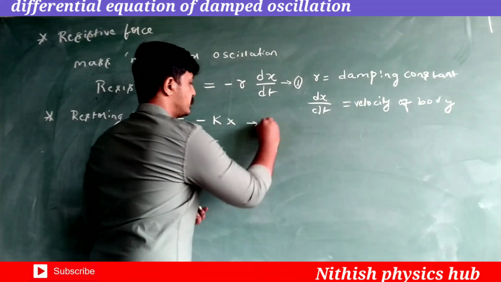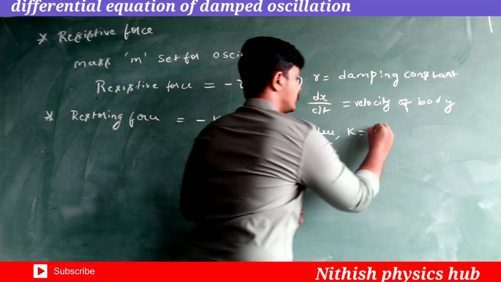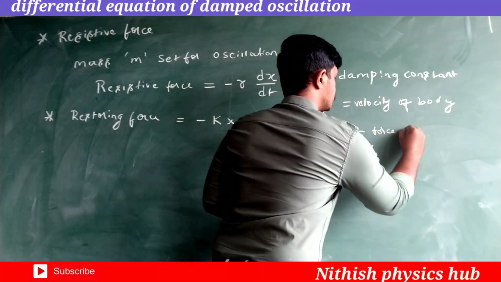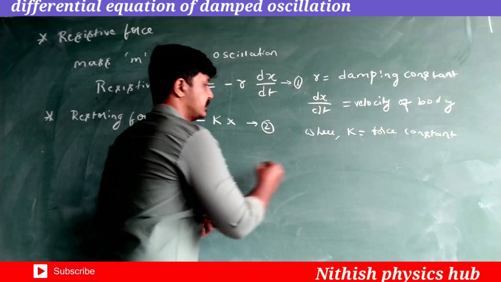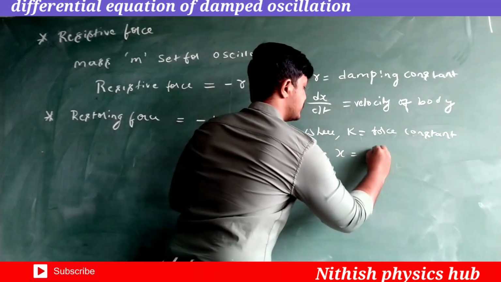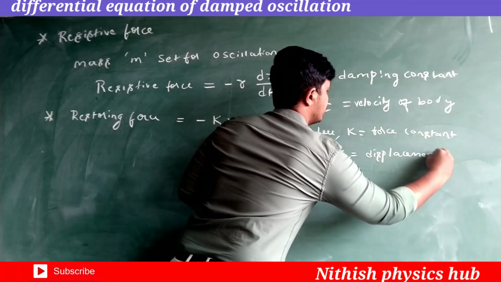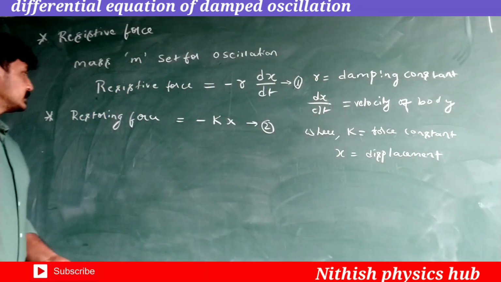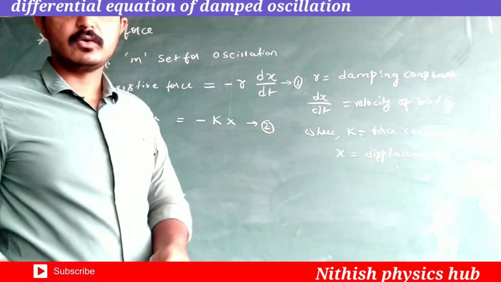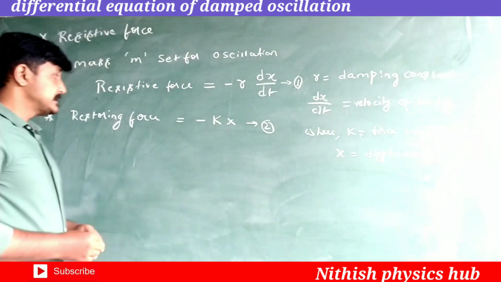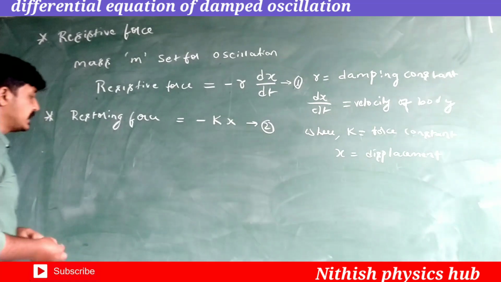Take it as equation number 2, where k is the force constant and x is the displacement of the body at an interval of time t. So this is the restoring force. These two forces combinedly act on a body to oppose the motion and bring about the damped oscillation.